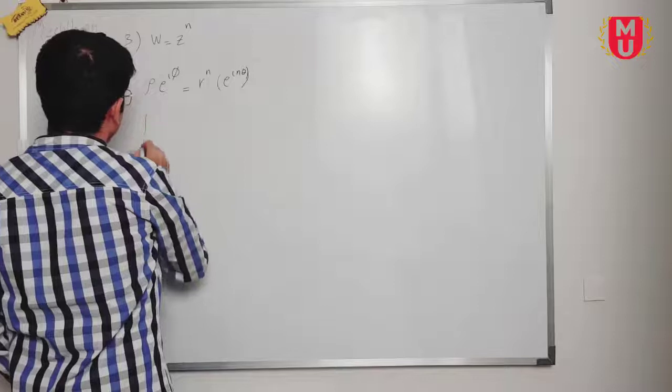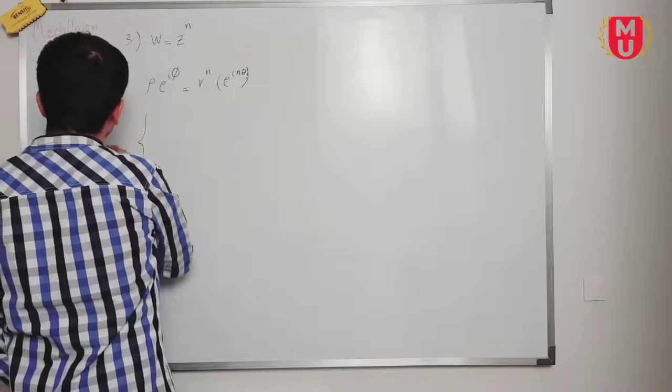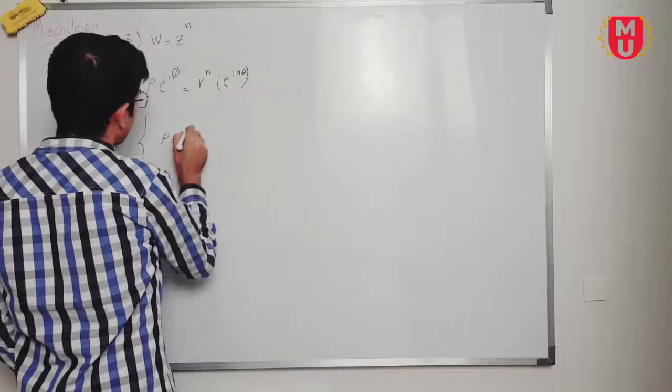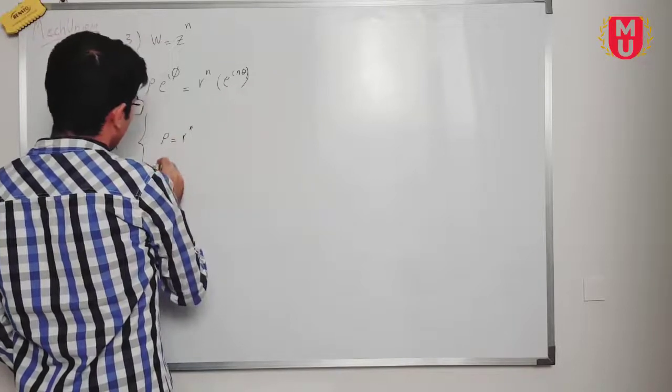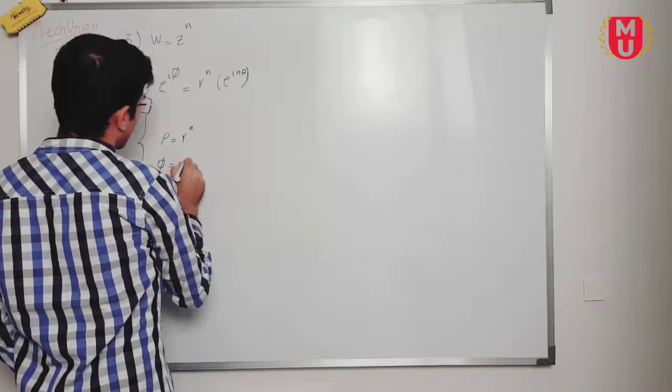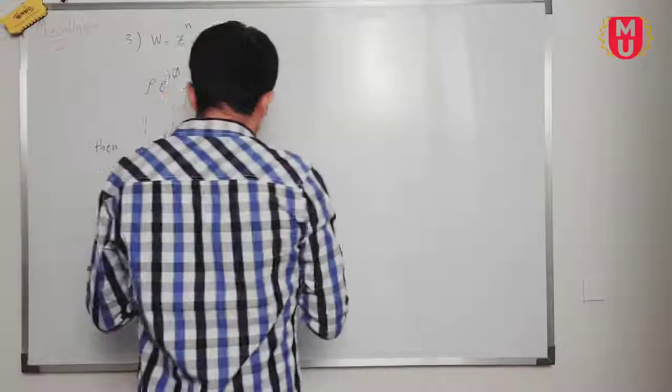Okay, we will have a conclusion here also. Rho equals r to the n and phi is n theta.